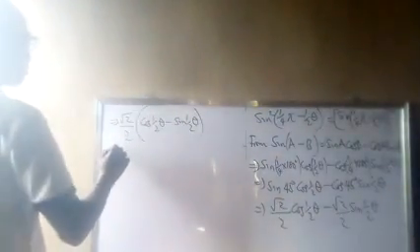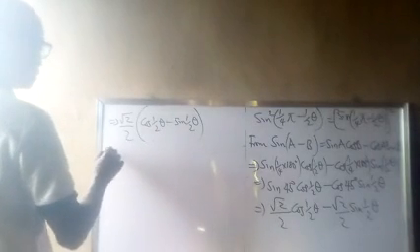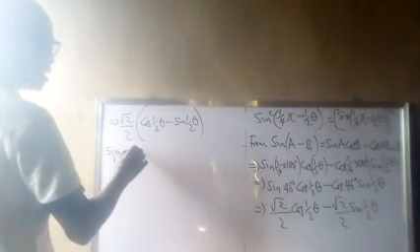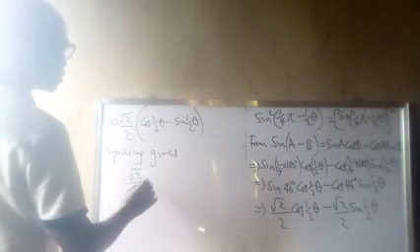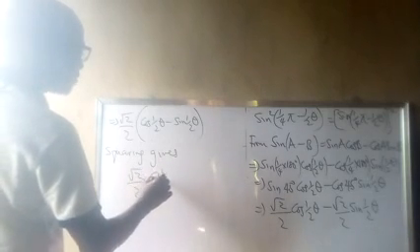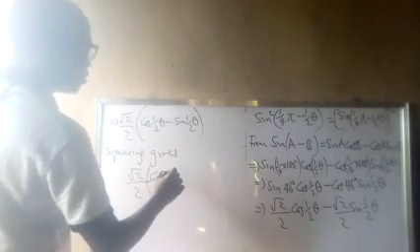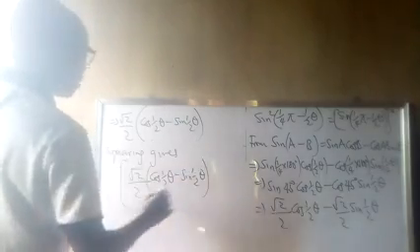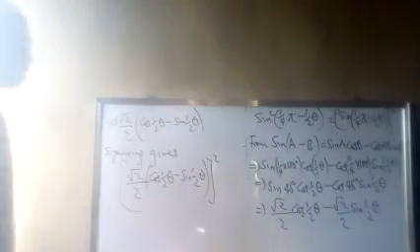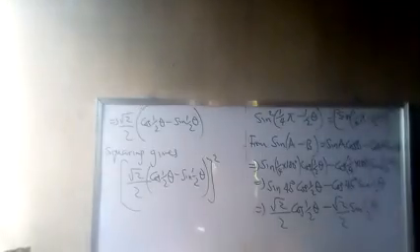Now squaring it, squaring gives root 2 over 2 cos half theta minus sine half theta, everything all squared.